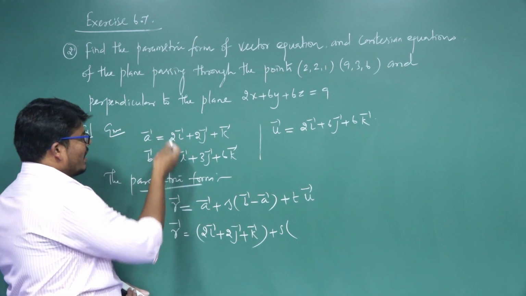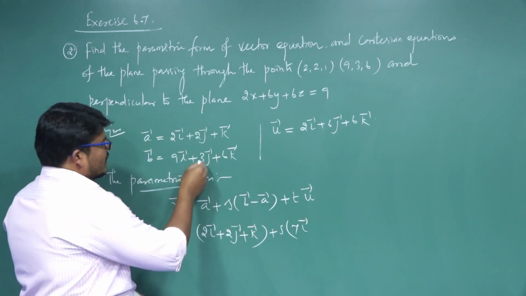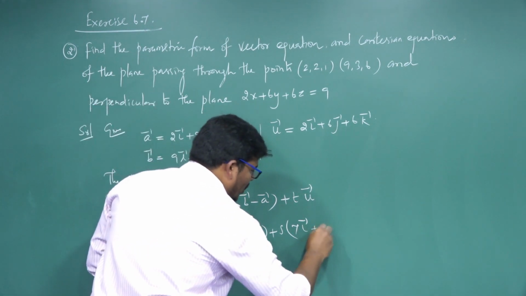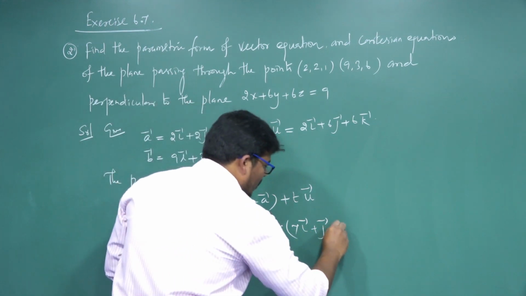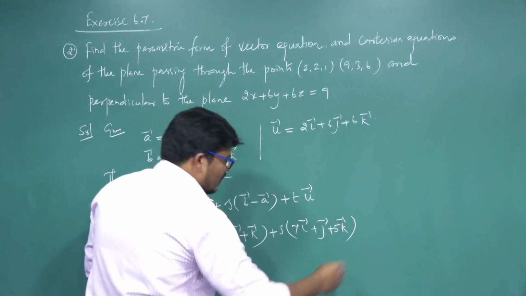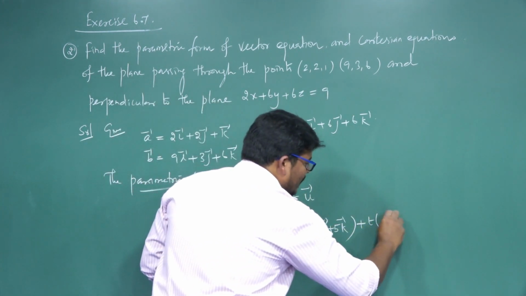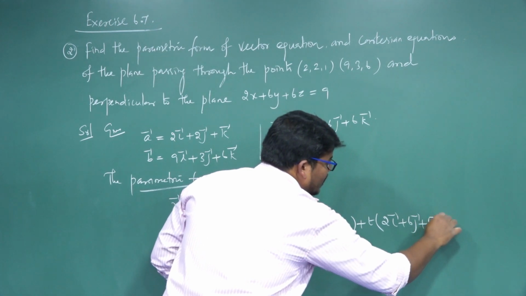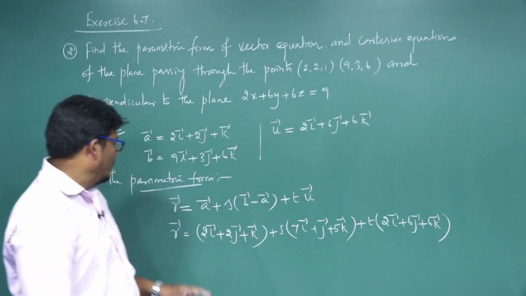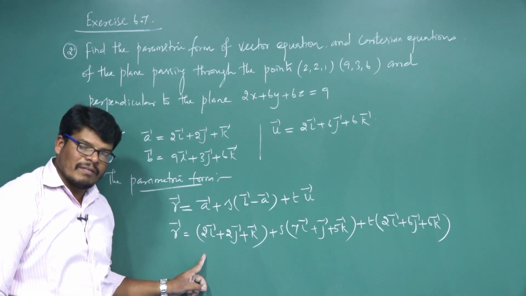Here b - a is 9 - 2 = 7i, next 3 - 2 = 1j, 6 - 1 = 5k, plus t(u vector). Here u vector is 2i + 6j + 6k. That is the parametric form of the vector equation.